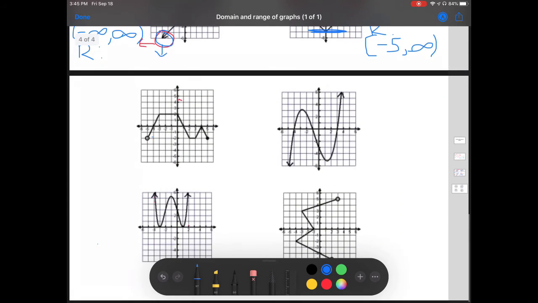All right, so I'm going to do 4 more just so you have plenty of examples here. I'll start with the top one. For our domain here, we've got left side -5 on an open circle. Right side is +5 on a closed circle.